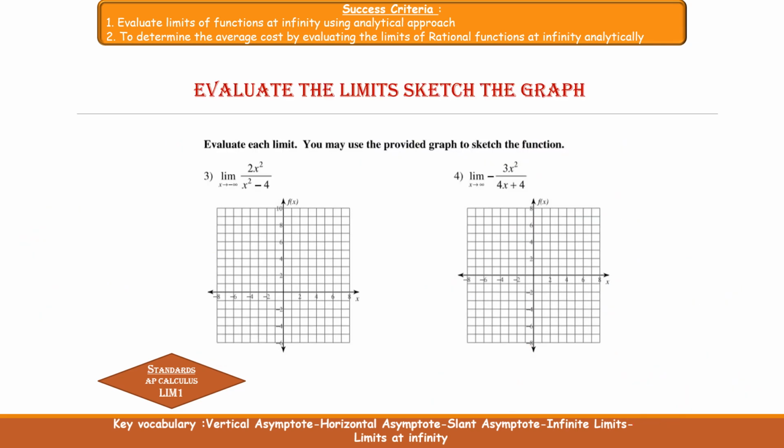Evaluate the limit and sketch the graph. So first of all, evaluate the limits and sketch the graph. Let's sketch the graph. Go to the graphic calculator. On the graphic calculator, menu, then graph, and then y equals, write only this equation: 2x square over x square minus 4.